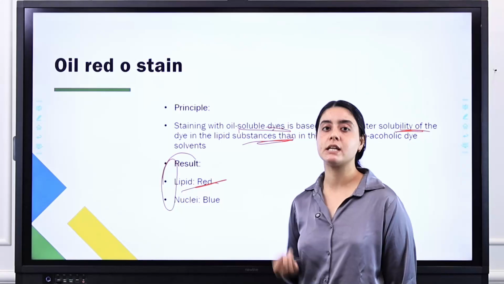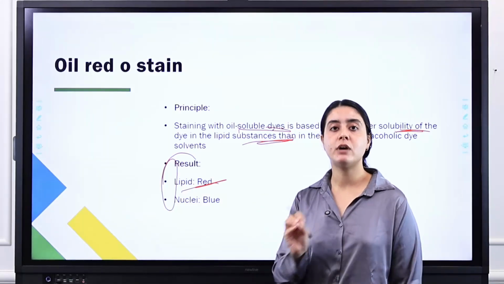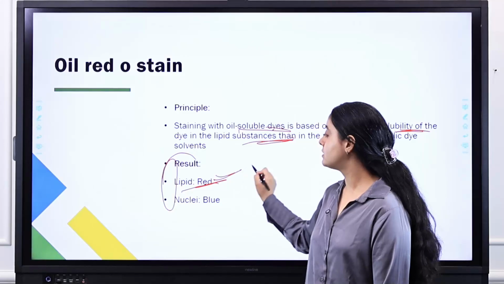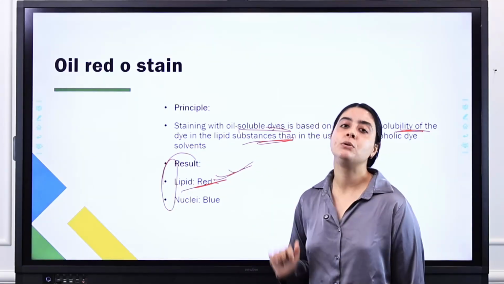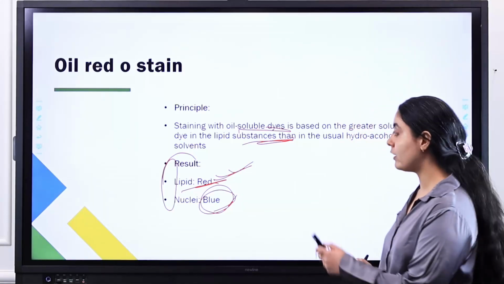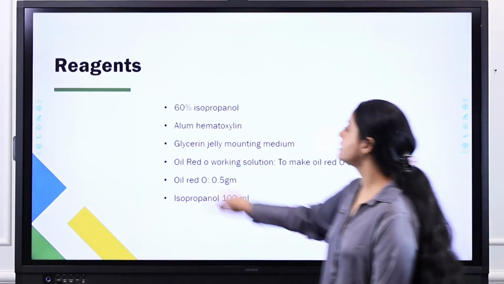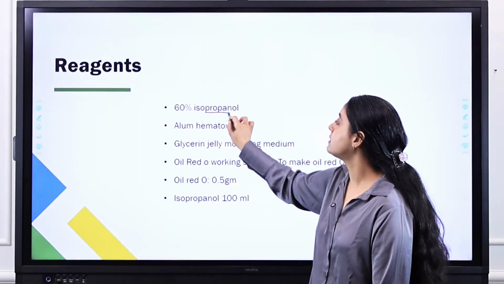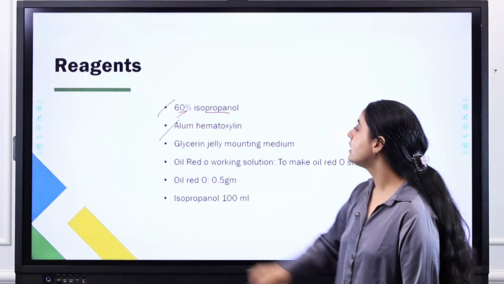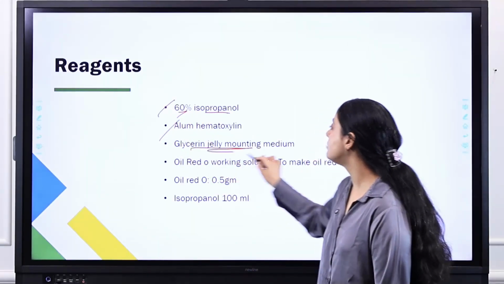If you have received any sample and in that specimen you have lipid content, it will be observed as red color and all the nuclei will take the blue color. Okay, this is your oil red O stain. What are the reagents? You have to know the reagents. We have 60% isopropanol, we have alum hematoxylin, we have a glycerin jelly mounting medium.